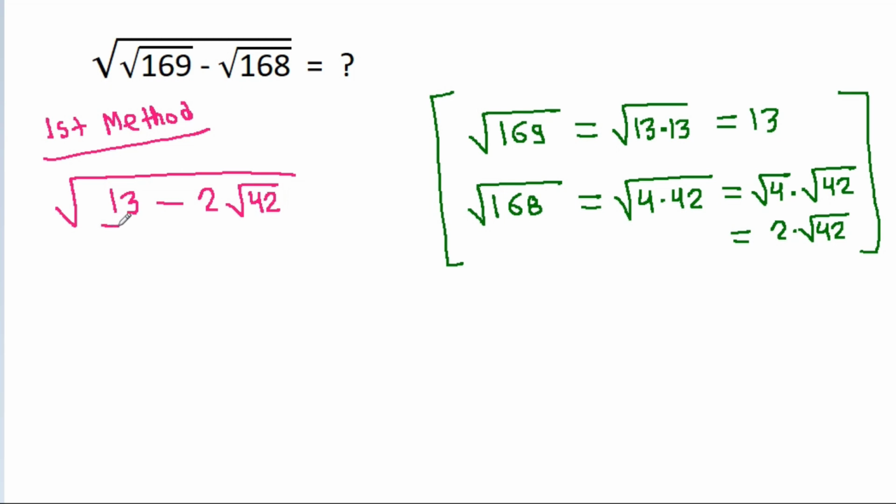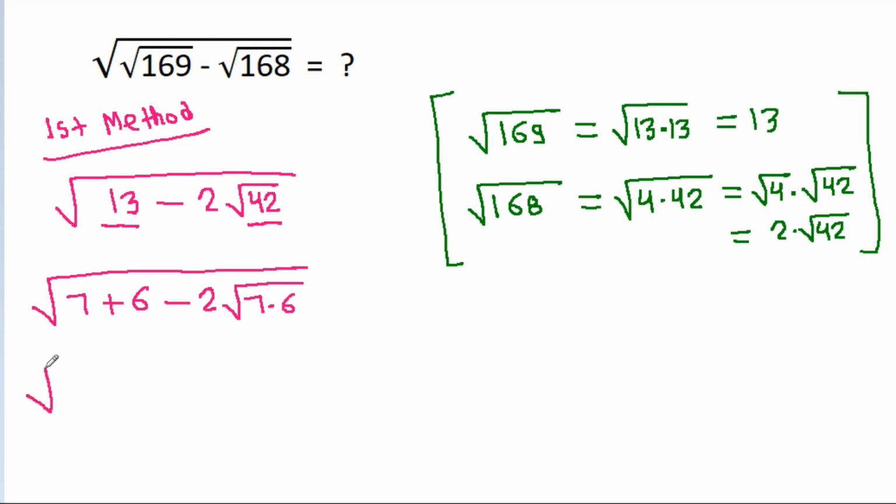And 13 is 7 plus 6, and 42 is 7 times 6. So it is the square root of (7 plus 6 minus 2 times the square root of 7 times 6).